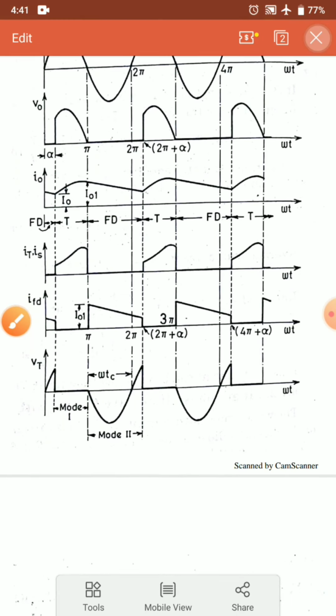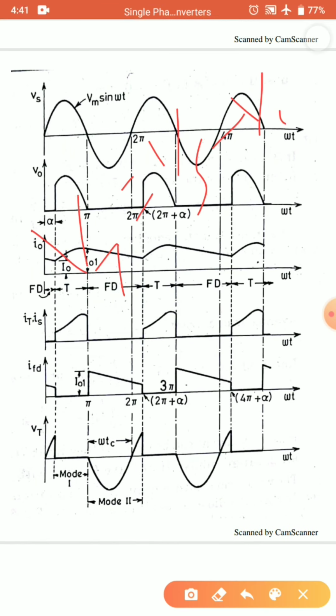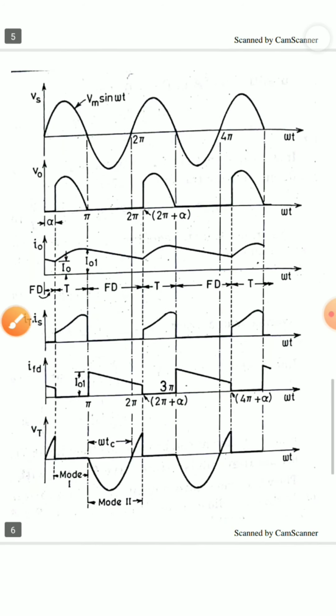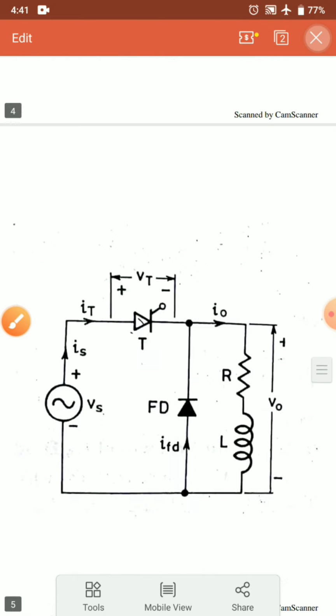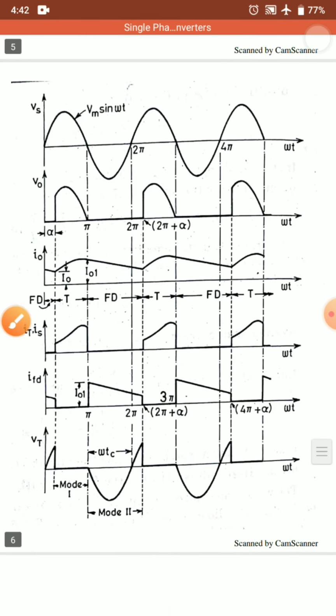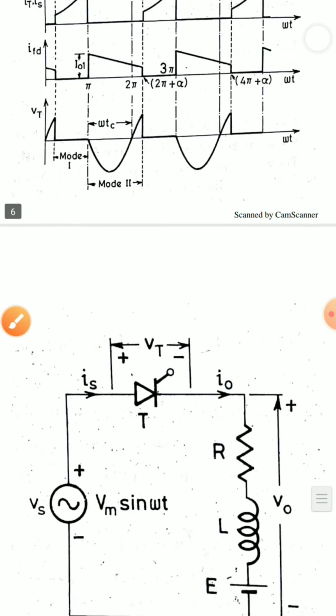Vt, as I said earlier, is nothing but Vs minus V0. In the previous graph, Vt had a clipped portion, but here it does not, because the freewheeling diode takes over in this duration.